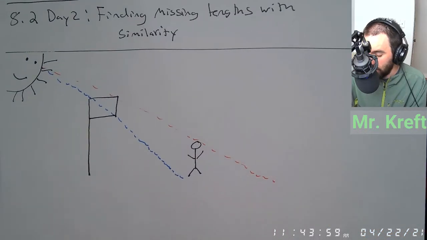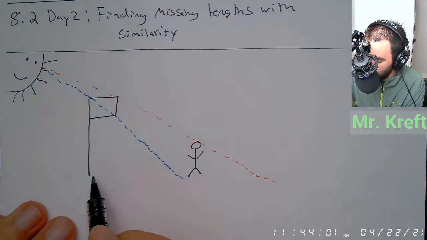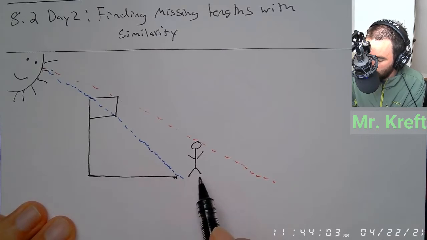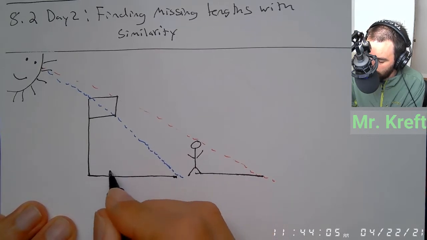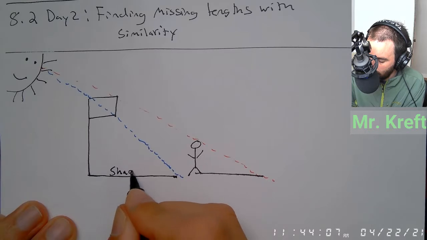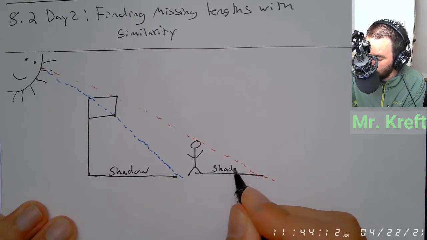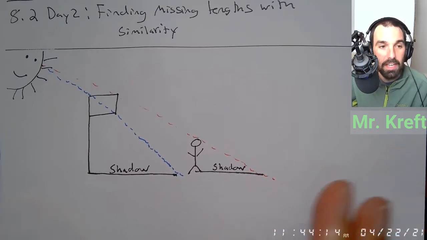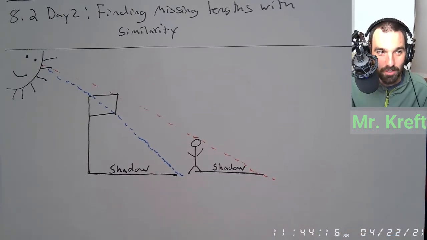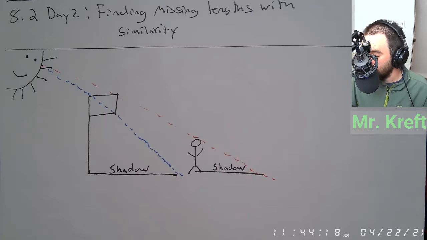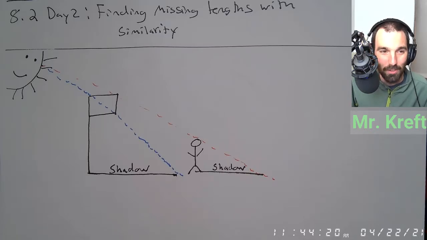And what it does is it creates a shadow on the ground. So this is our shadow. The flagpole has a shadow and the person has a shadow. How are we doing so far, guys?